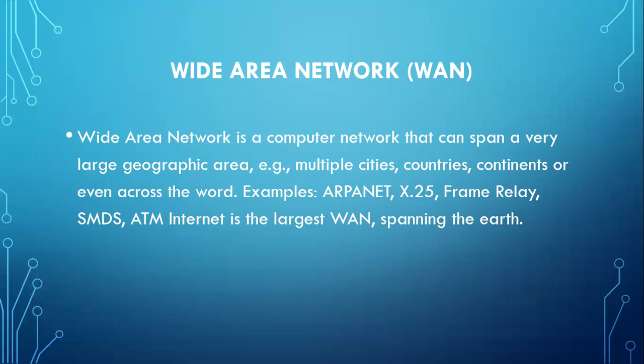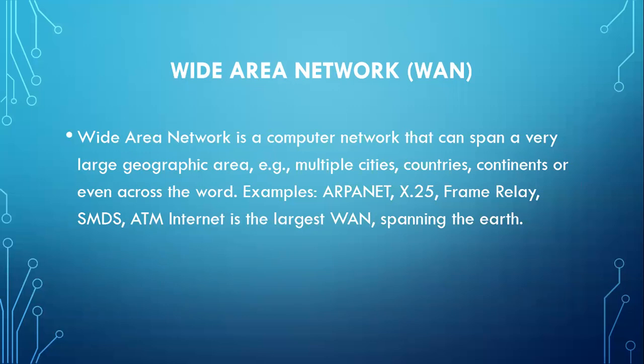From there, you can understand that it's a network that covers a very huge geographical area. Multiple cities, countries, continents, or the whole world can be connected within a wide area network.